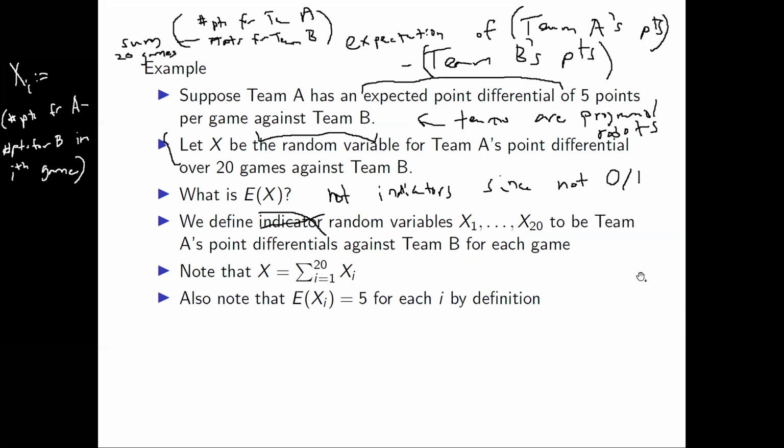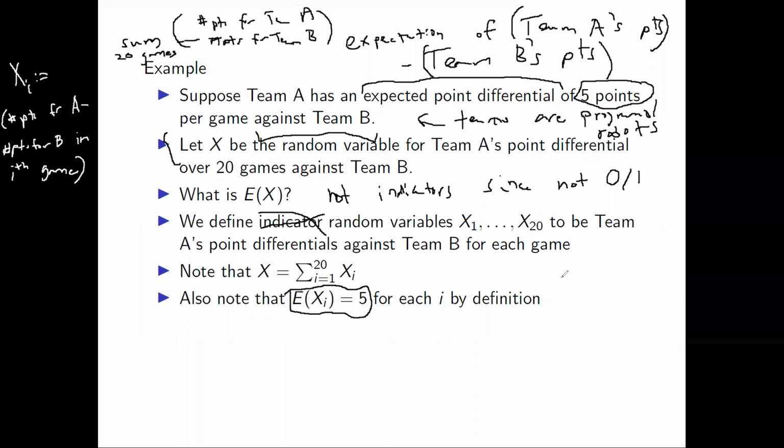And we can also note that by the given information, the expected point differential was 5 points for each game. So that's what we're given, and that means the expectation of each xi equals 5.